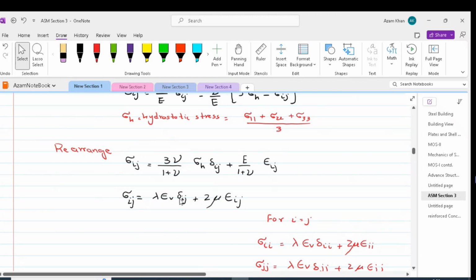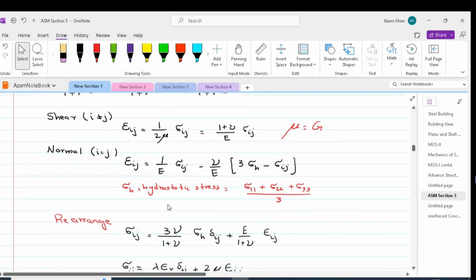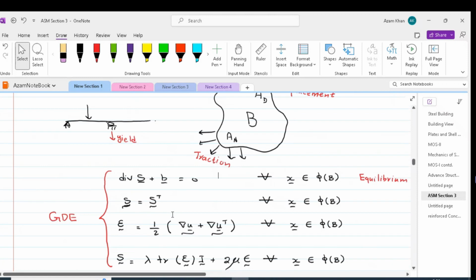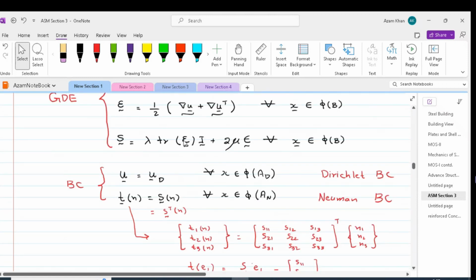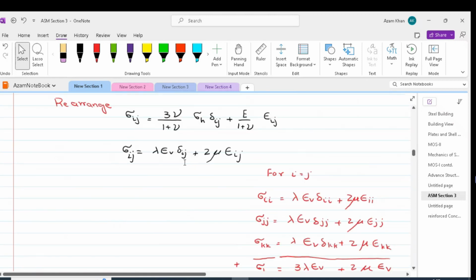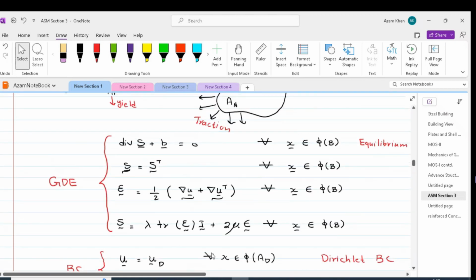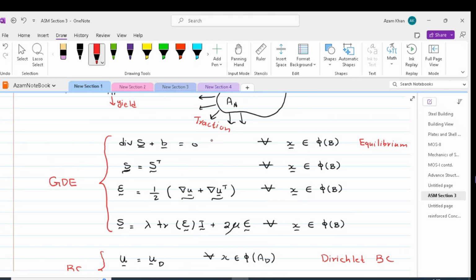So epsilon v is actually equal to epsilon 11 plus epsilon 22 plus epsilon 33, and trace epsilon means that we have to add epsilon 11 plus epsilon 22 plus epsilon 33, times the identity tensor. This is the identity matrix which we discussed. Delta ij is its component, and that plus 2 mu times the strain tensor.